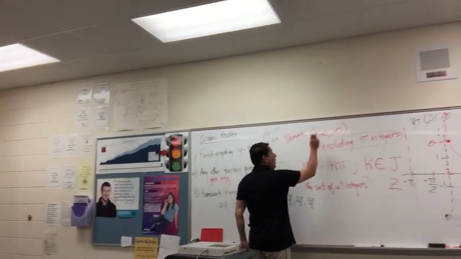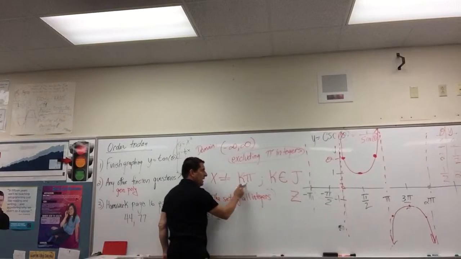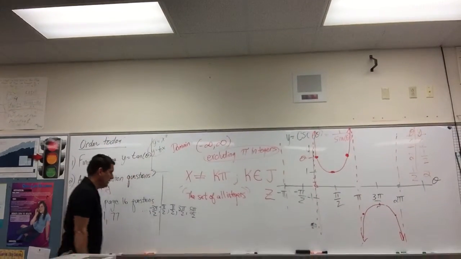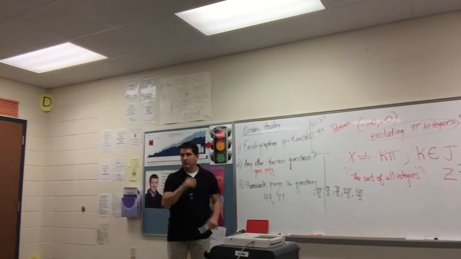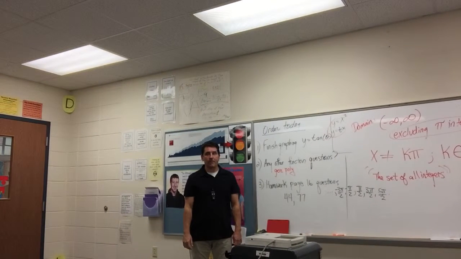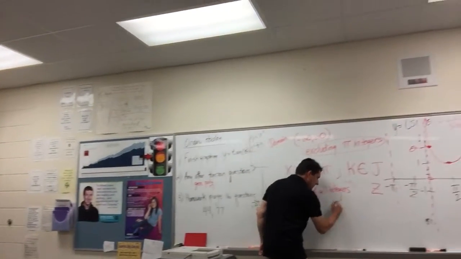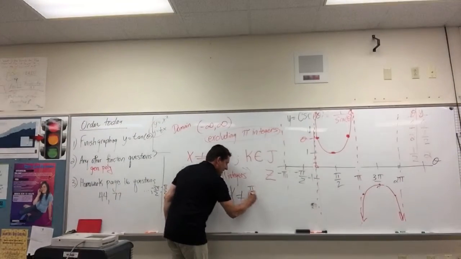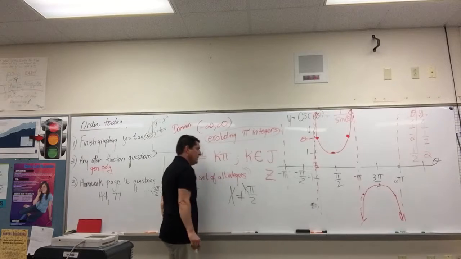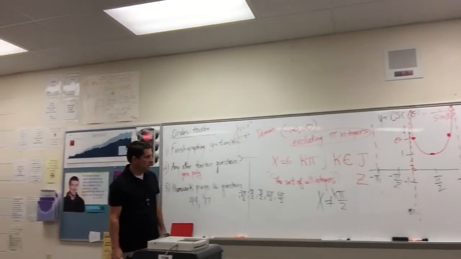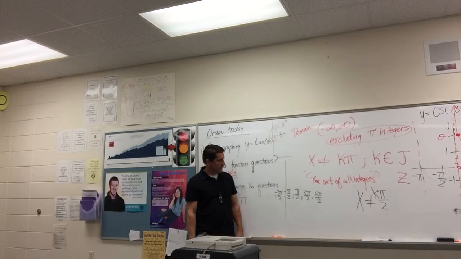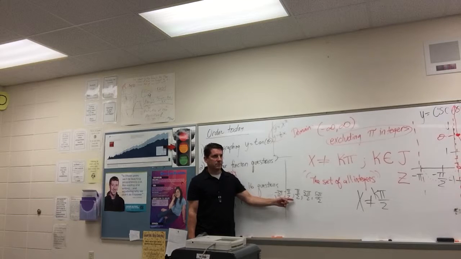Here we said all real numbers, x cannot equal k times pi, where k is an integer. How would you say that set? X cannot equal k pi over 2, except it's the odd integers.